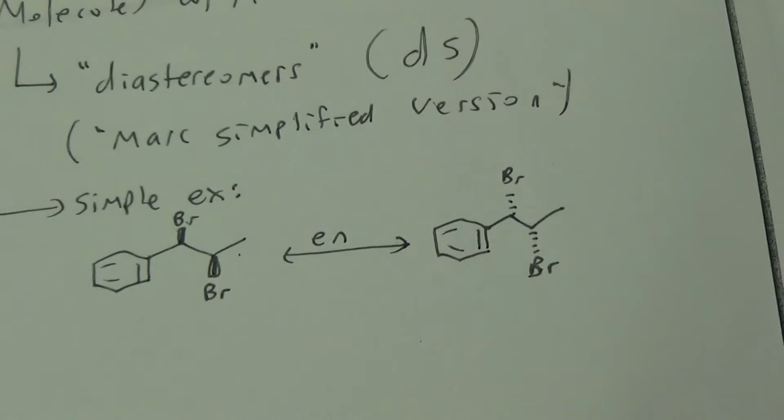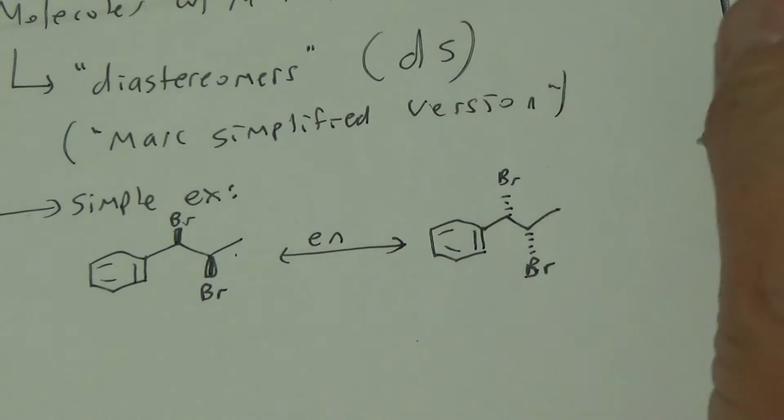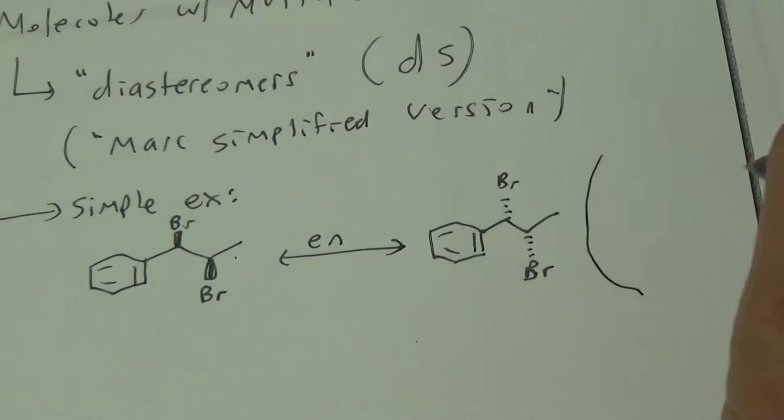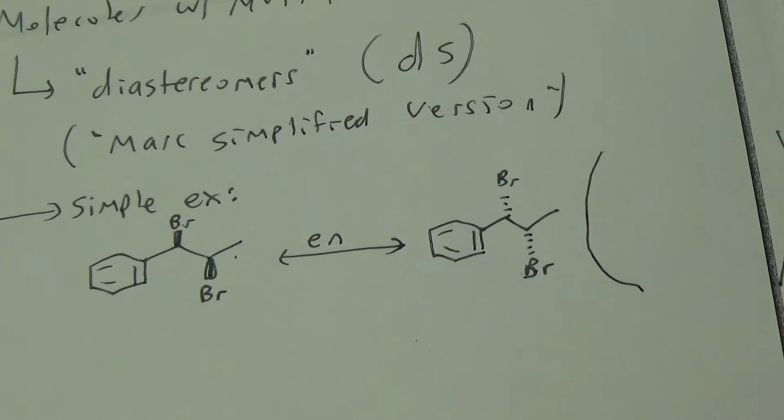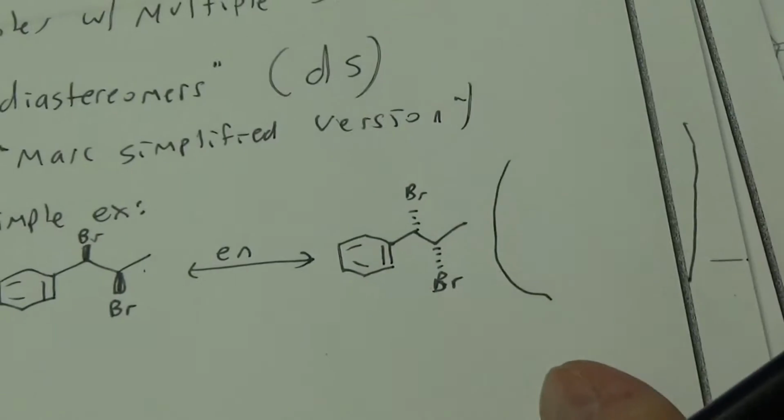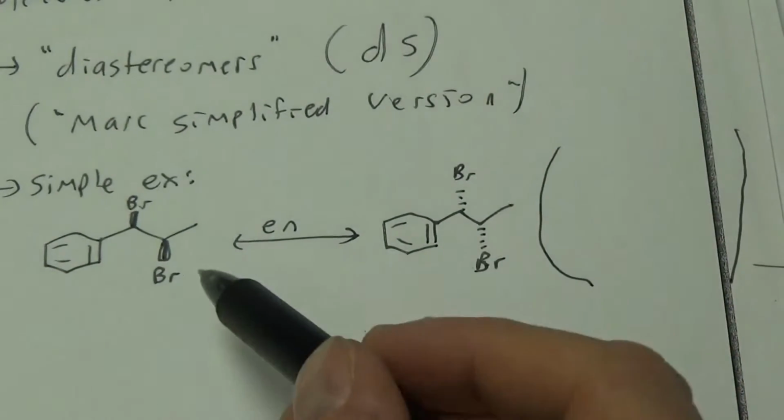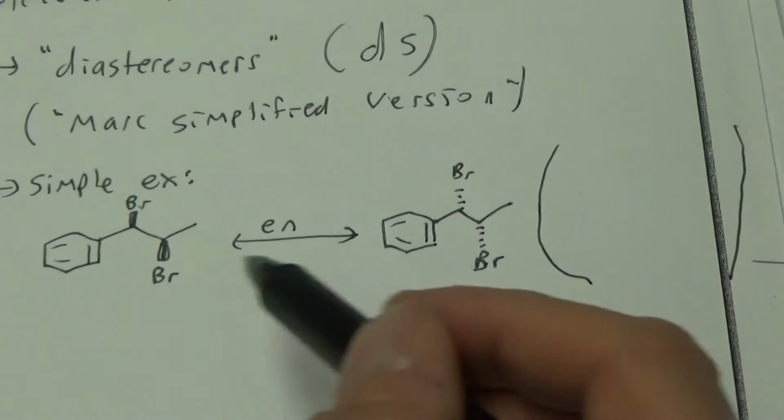Okay, and I remember there's that other way to draw an enantiomer, which is sort of focusing on the mirror image relationship, because these are mirror images.